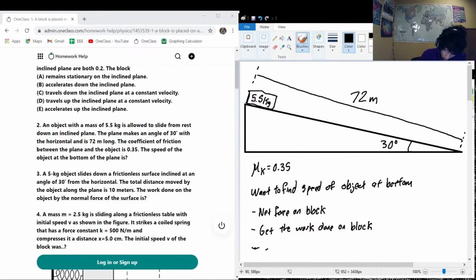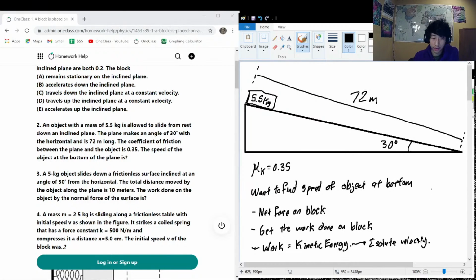And then work equals kinetic energy. And isolate velocity. Okay, cool. So the first step here, we have to find the net force on the block.